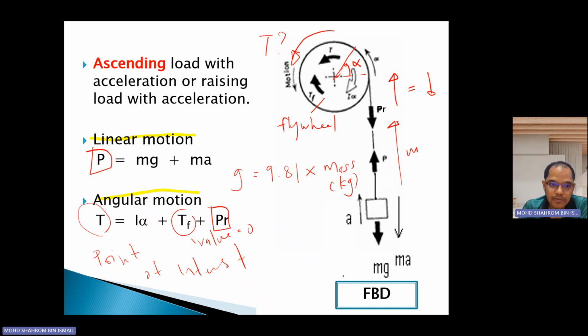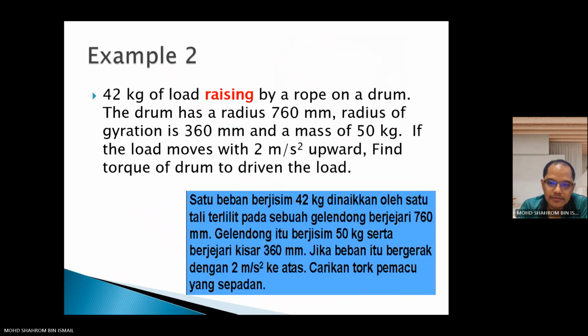So this is the formula needed to solve the problem. This example we already discussed in the previous class, but I think it's okay if we recap the formula again.